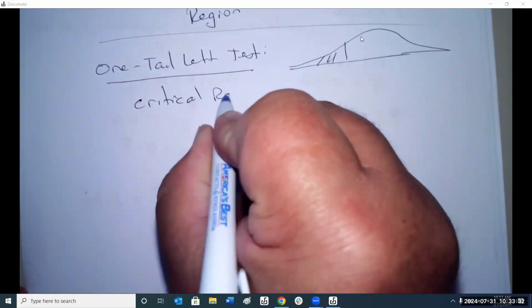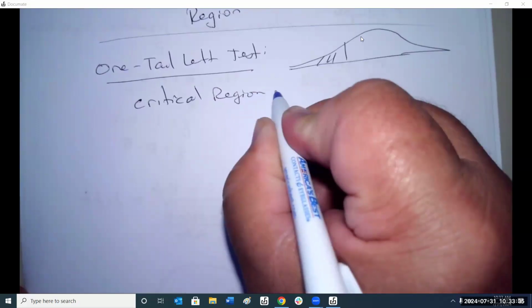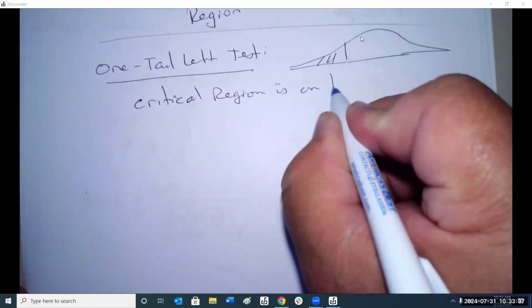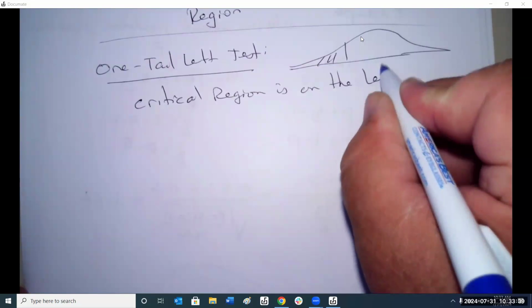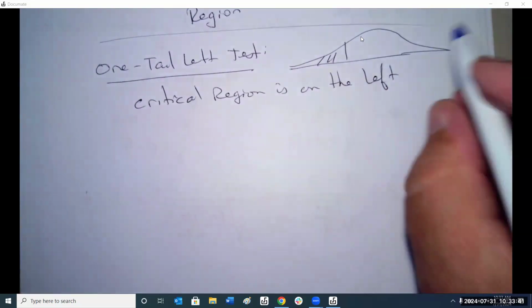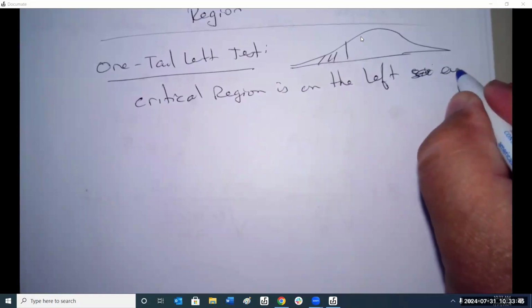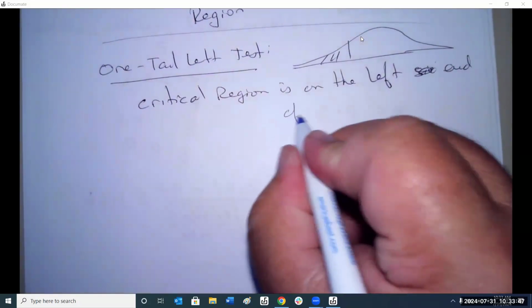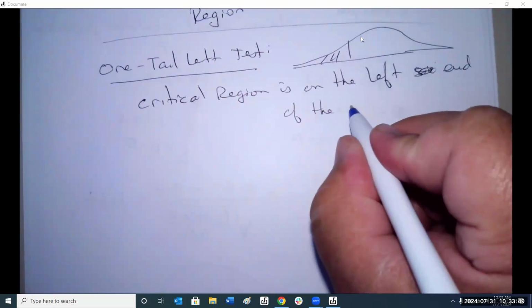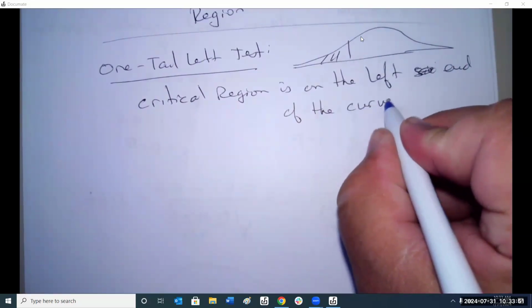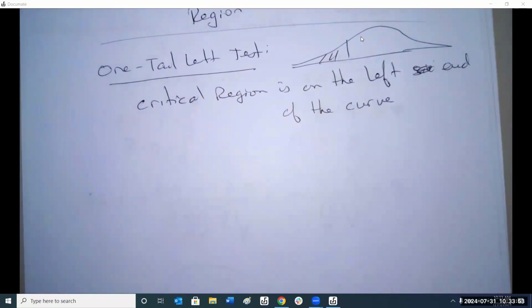The critical region is on the left side, or left end, I should say, of the curve. When I talk about the curve, I'm talking about the bell curve.